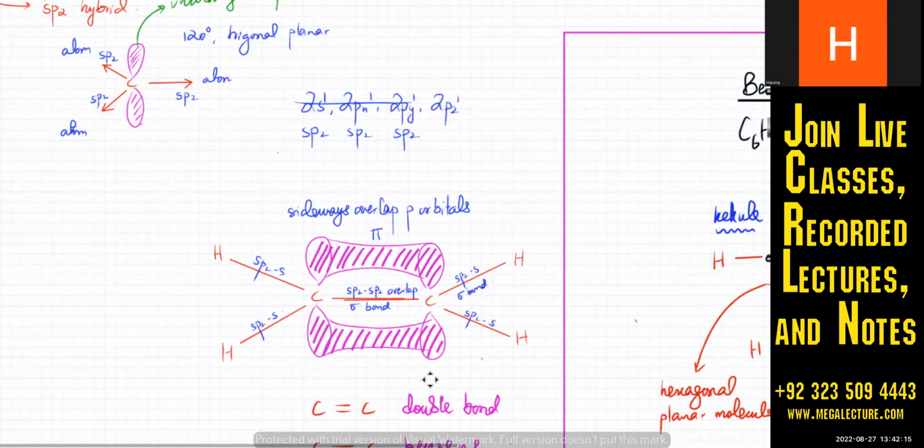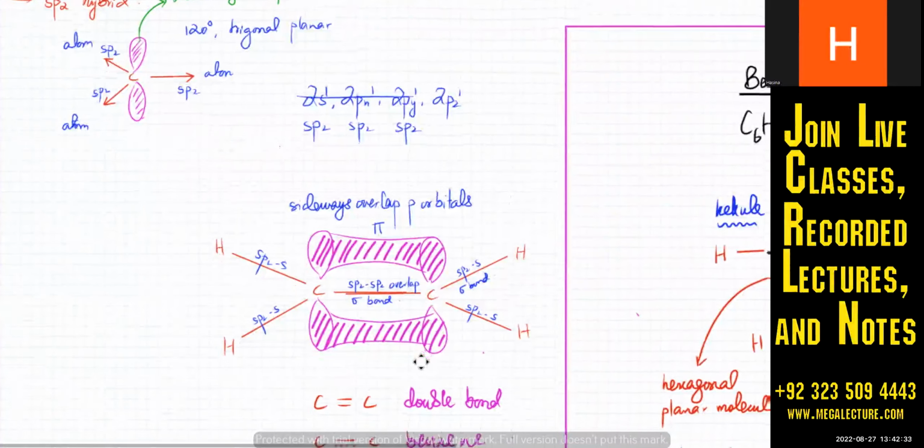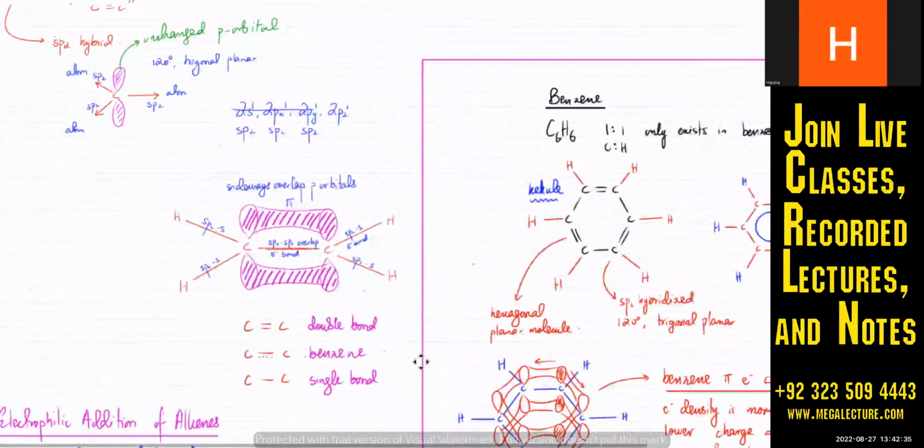What do the unchanged p orbitals, the ones that are not involved in bonding, end up doing? They end up overlapping with each other, right? And they end up forming a pi electron cloud. So the unused electrons just start overlapping above and below, and that's your pi bond. Is that clear? Yes, sir.